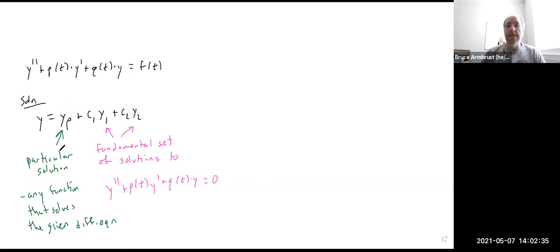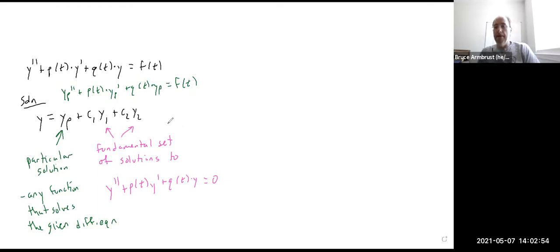Okay, so that just means that this piece is such that if you were to do yp double prime plus p of t times yp prime plus q of t times yp, that actually equals f of t. So differential equations have an infinite number of solutions, right?